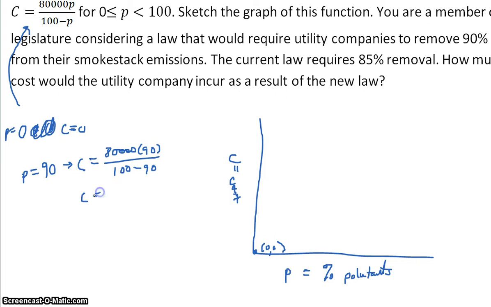Which is going to be 72, and then I believe there will be 5 zeros. So 7.2 million divided by 10. So my cost is going to be 720,000. So up here at 90, it's way up here at 720,000.